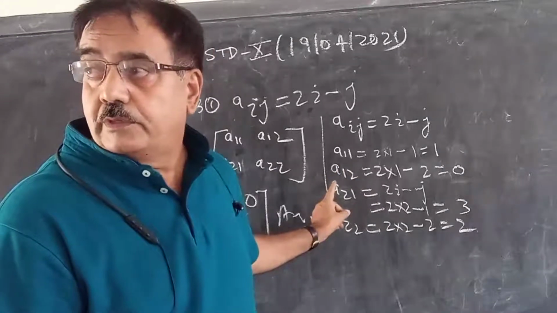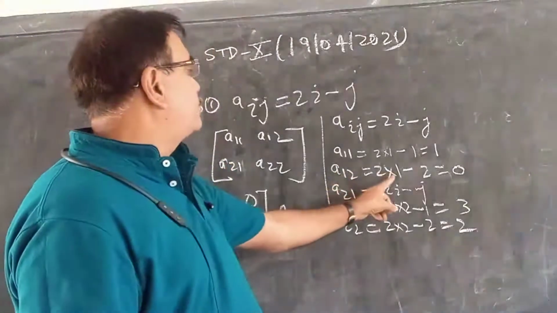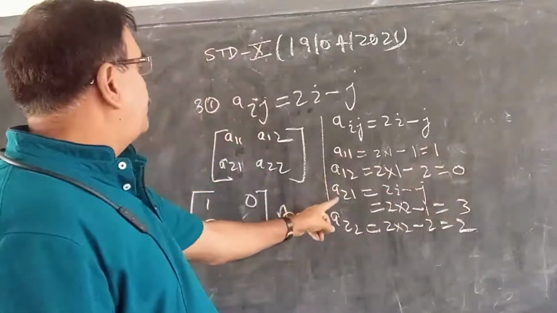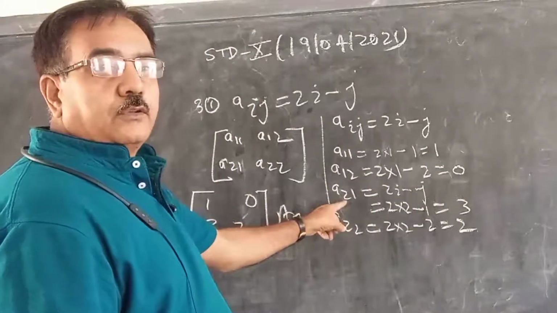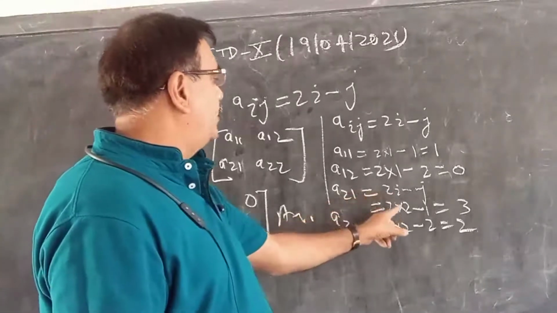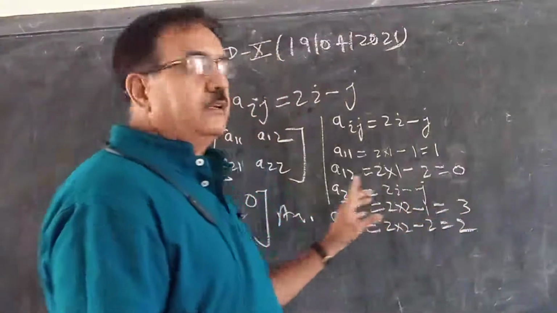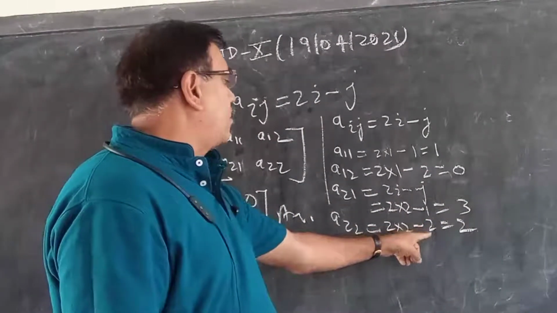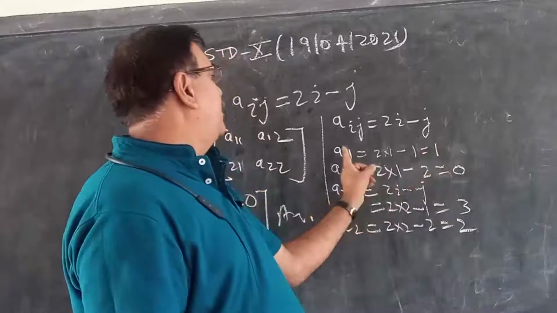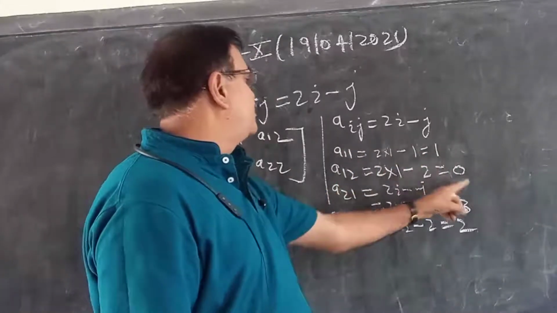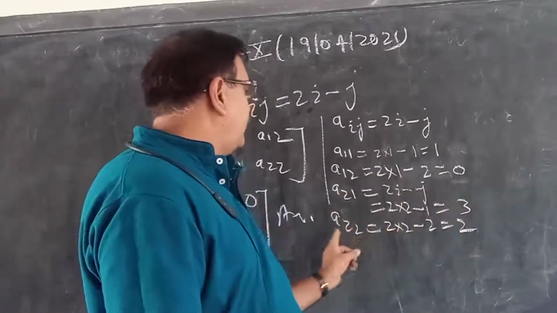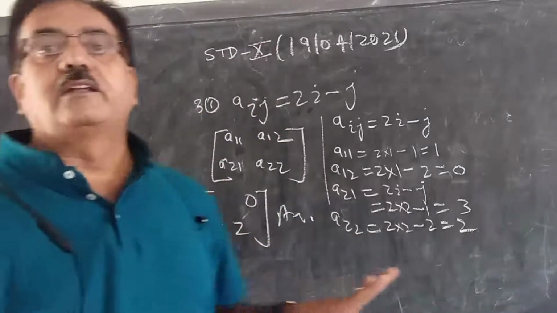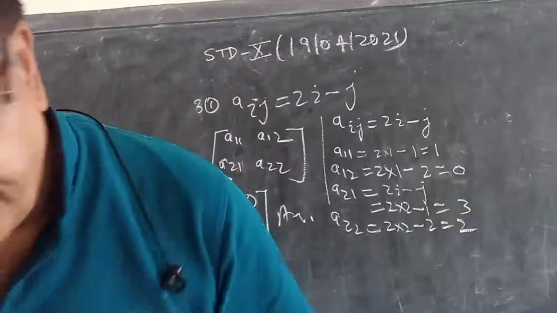A12: first row and column 2, 2 minus 2, 0. A21: second row, first column, so 2 into 2 minus 1, that is 3. A22: 2 row and 2 column, that is 2. So the values are A11 is 1, A12 is 0, A21 is 3, A22 is 2. Put these values, this is our matrix. Right. This way we can find the matrix.